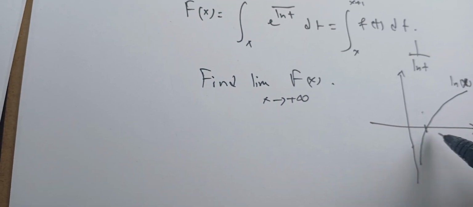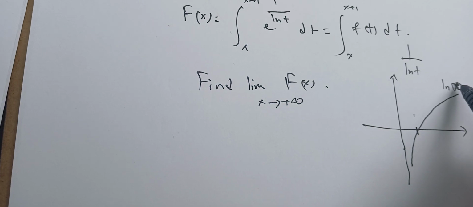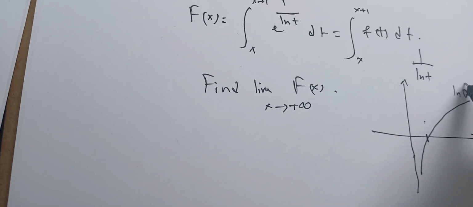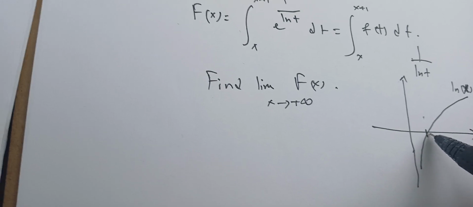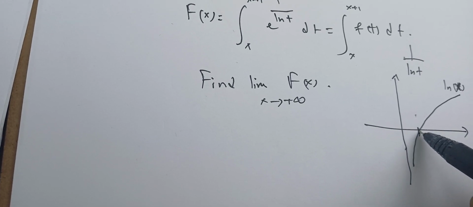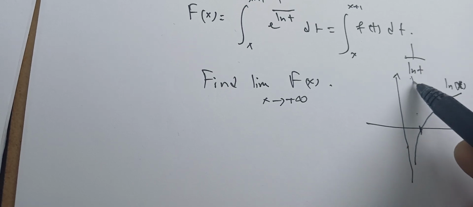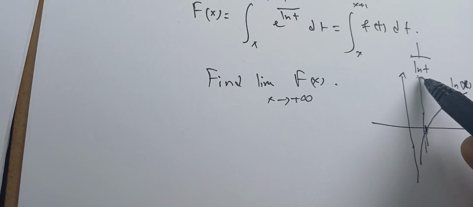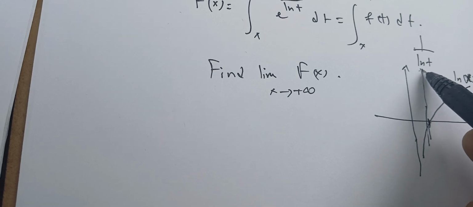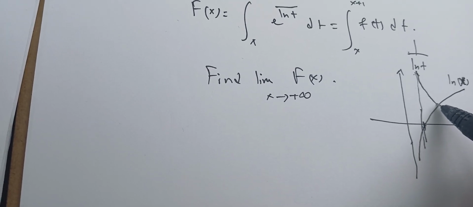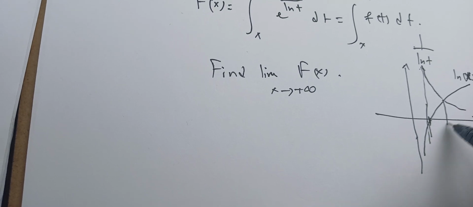In our case here, we can see that this is the reciprocal of the natural log. So when we are close to 1, we're gonna get close to infinity, and we keep decreasing until we reach this point, which is e.